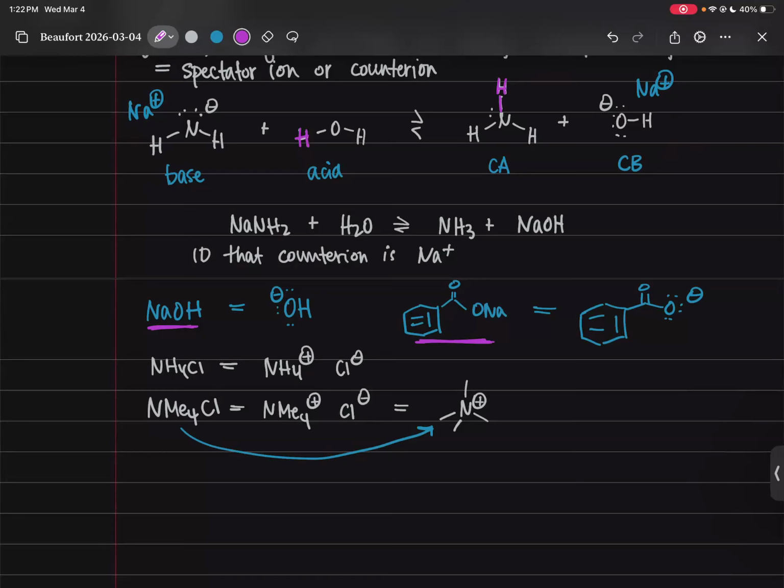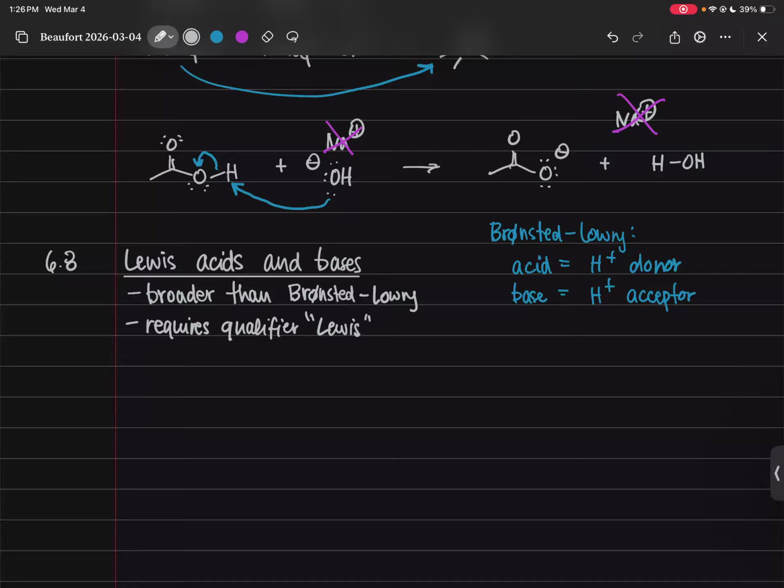The Lewis acid-base definition is broader than the Bronsted-Lowry definition. Because Bronsted-Lowry acids are so common, and not that Lewis acids and bases aren't common, but the language of chemistry says that if you just say acid or base, you're talking about Bronsted-Lowry.